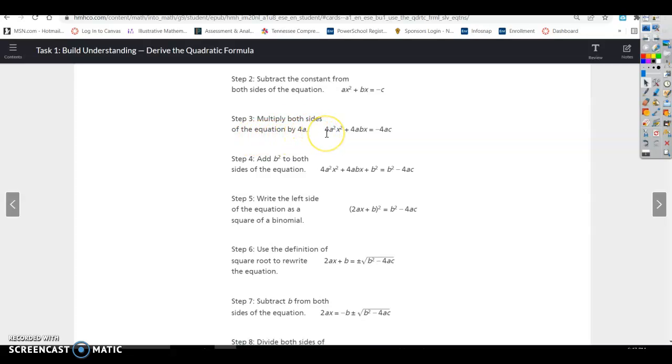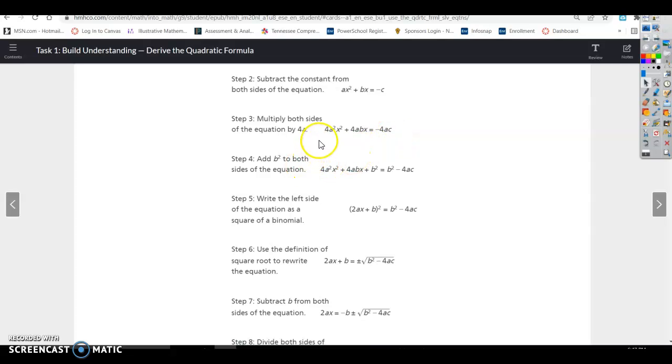If you look, they multiplied the first term by 4a. 4a times a is 4a squared. X squared is still there. Multiply the next term by 4a, so bx times 4a is 4abx. And then we also have to multiply the other side of the equation by 4a as well. So we had negative c, and 4a times negative c is negative 4ac.